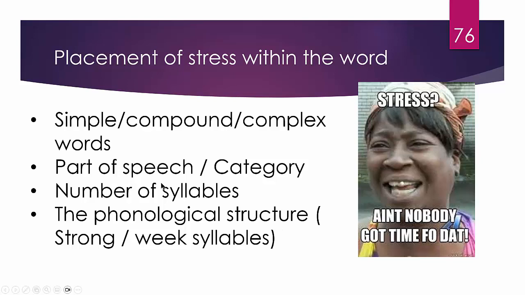What kind of speech is this word? Is it a verb, adjective, adverb? Number of syllables: how many syllables does this word have? The phonological structure: is it a strong syllable or a weak syllable?